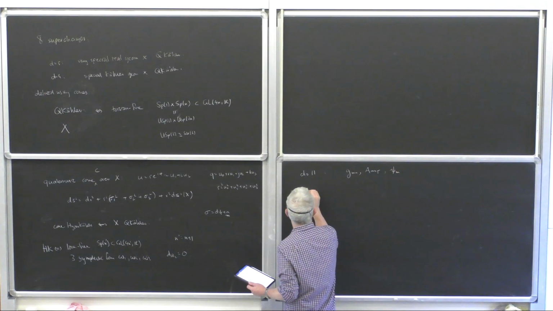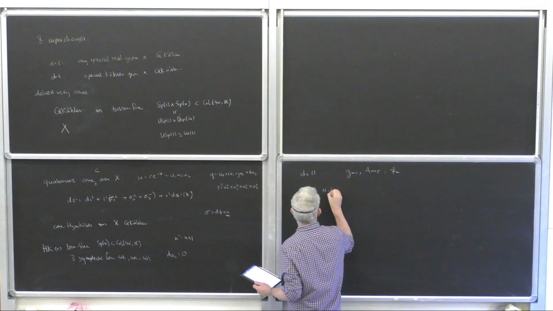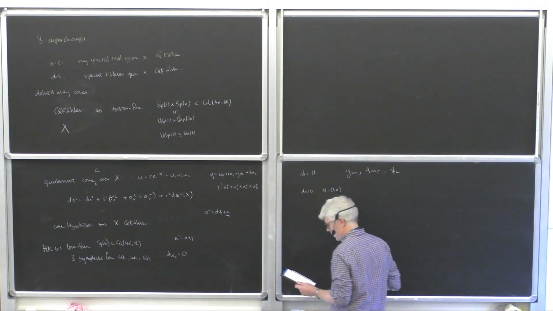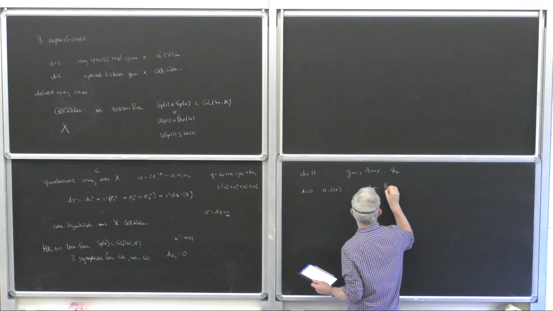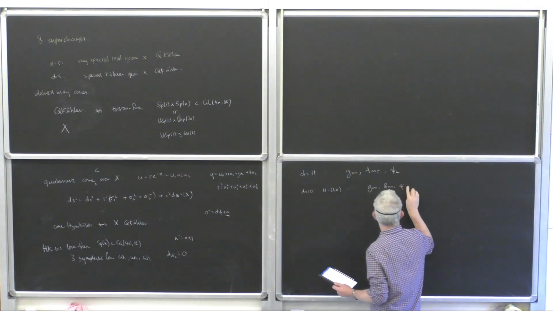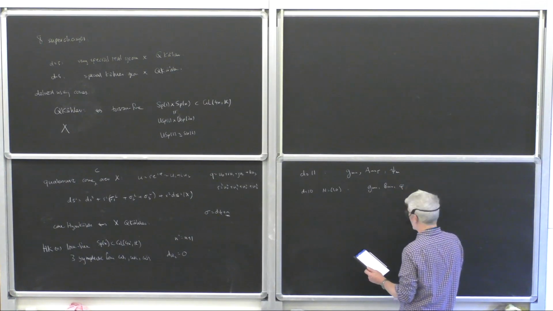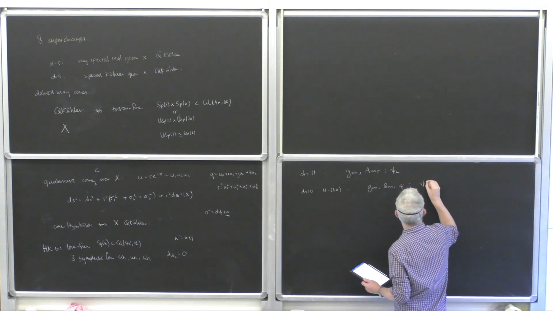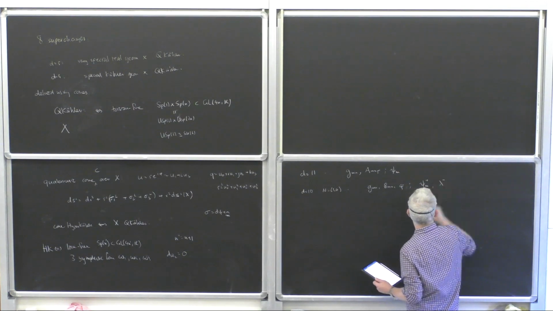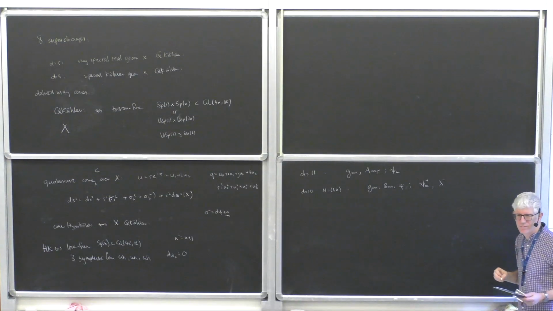In D equals 10, we had the 1-0 theory, and that has in it a metric, a B field, a dilaton, and then it also has a gravitino, and it has another thing which is called a dilatino, which is just a spinor half.